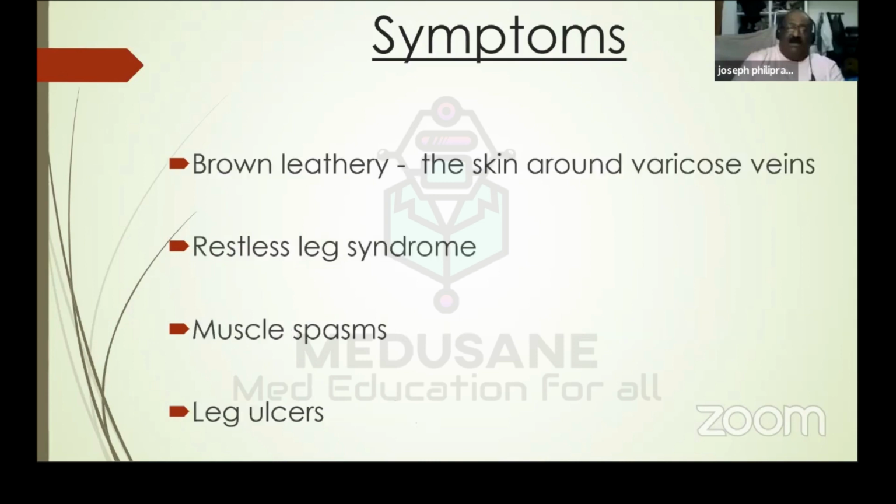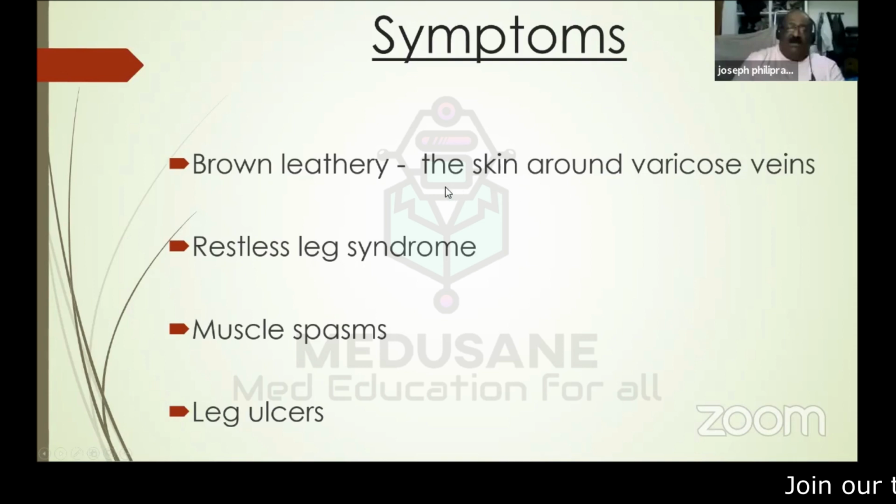Now, other things are brown leathery skin. This is due to hemosiderin deposition, which causes pigmentation, eczema, erythema, then itching, ulceration, and this skin becomes indurated, hard, and there is tissue fibrosis, which will cause a typical manifestation known as atrophie blanche.